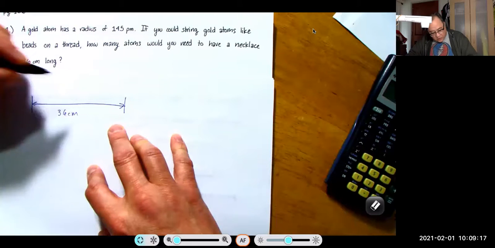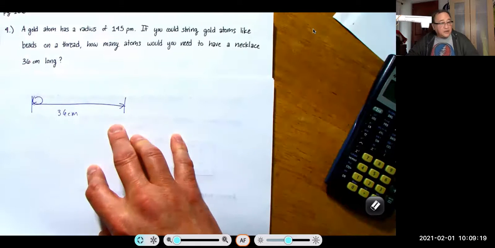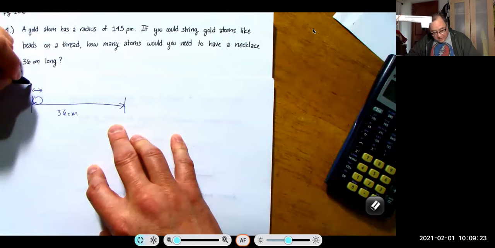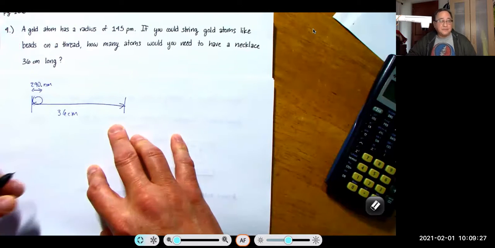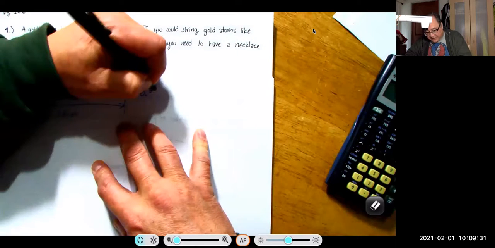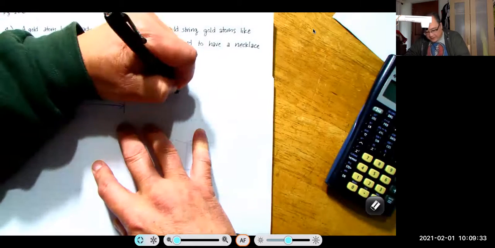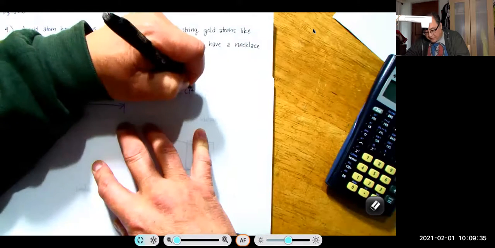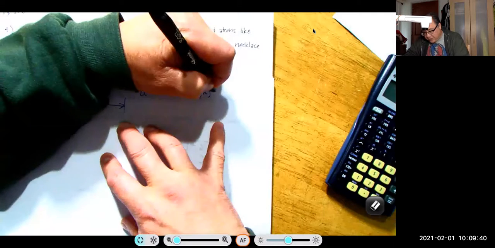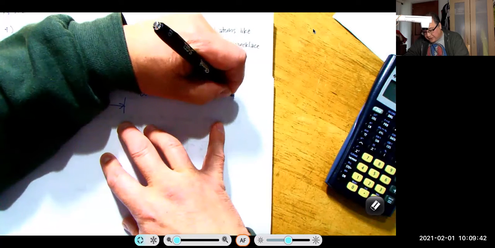Here's one gold atom, which has a radius of 145. The diameter is 2 times the radius, which is 2 times 145 picometers, so we have 290 picometers.